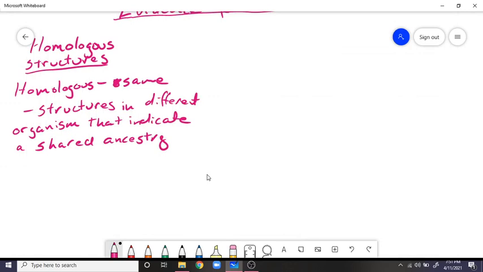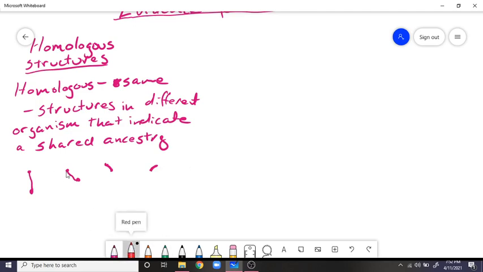Well, once Darwin had come up with his idea, and the natural world was being explored in great detail and in a way that had never been explored before, people started noticing things about different organisms, and that there were similarities within the inner workings of the organism.